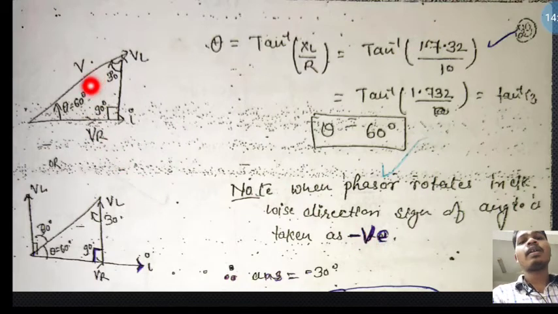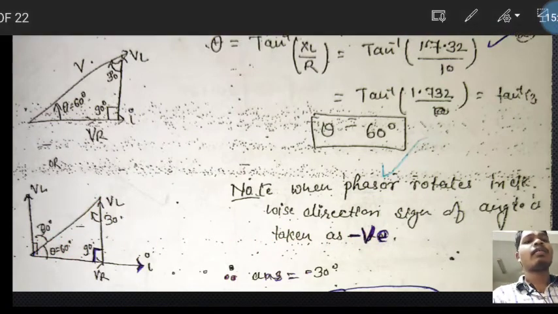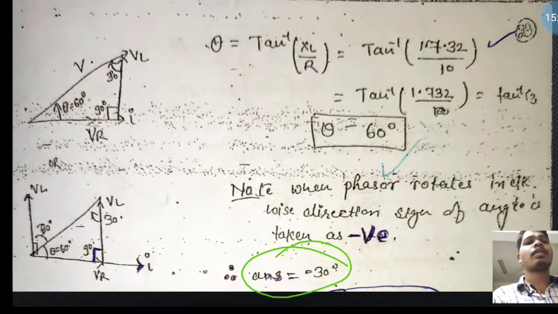So see, this is the 60 degree theta and this is the 90 degree. For total 180 degree we require 30 degree, and for 90 degree clockwise rotation from the VL to VR, we take the minus term. So our answer is minus 30 degree.